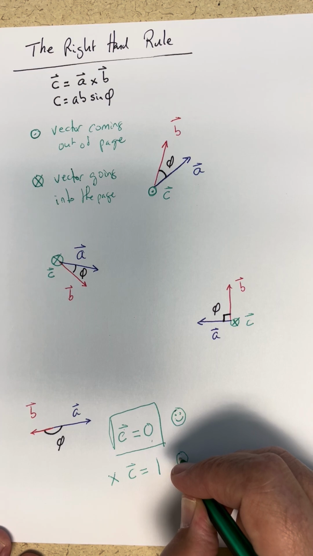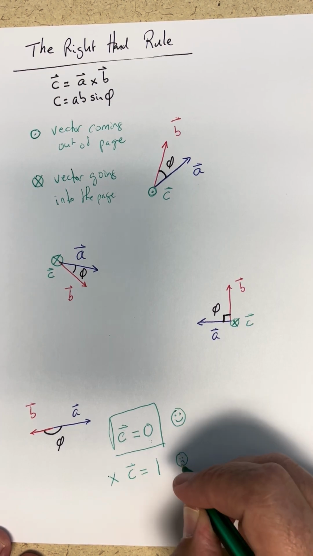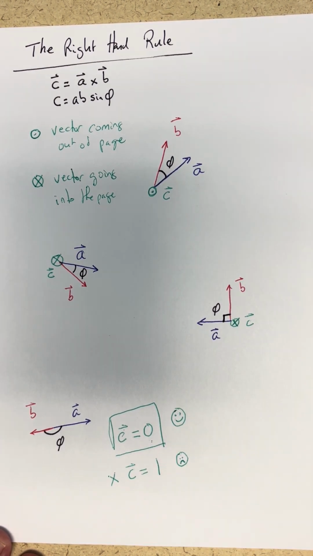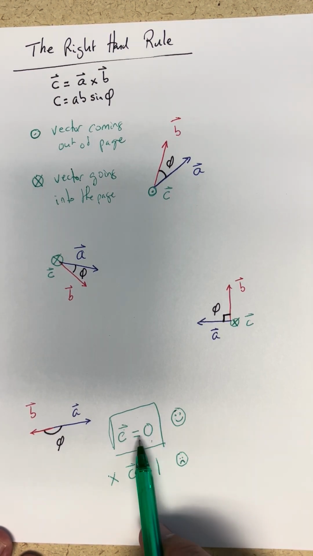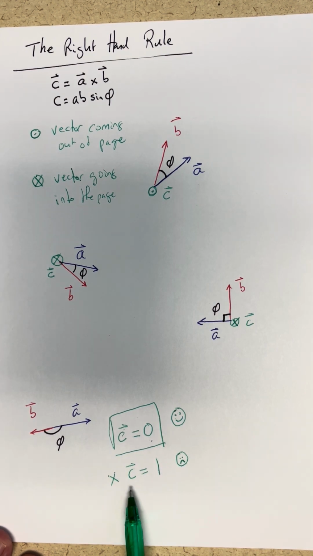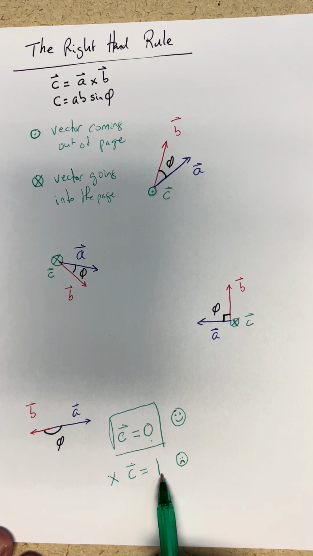There's no way to answer that. So that is going to always earn you a frowny face. Okay? I can set a vector equal to 0 if that is appropriate. I can never set a vector equal to any other scalar.